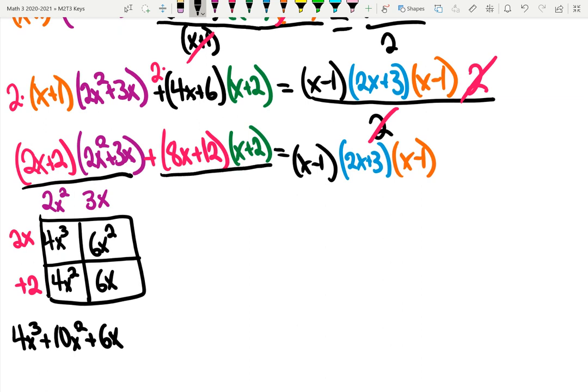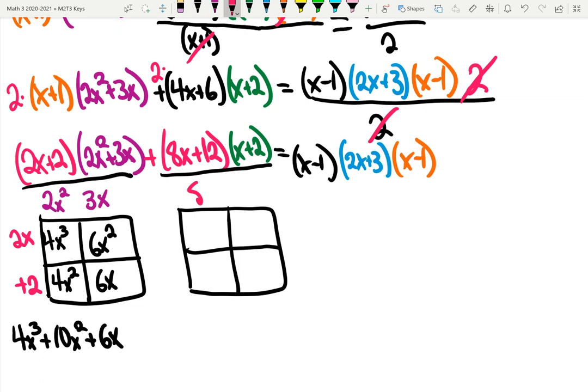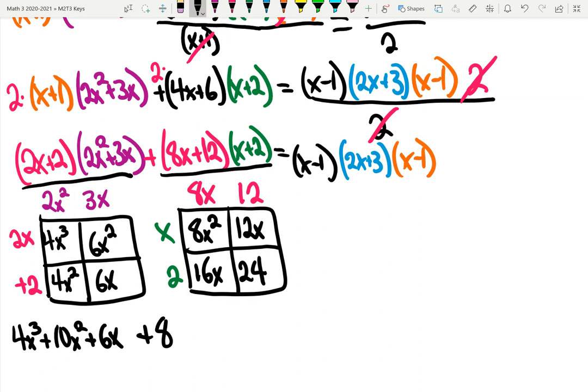Next on my agenda, I am going to multiply these two binomials together. 8x and 12 times x and 2. This is going to result in 8x squared, 12x, 16x, and 24. I'm going to combine the middle terms to get 28x plus 24.